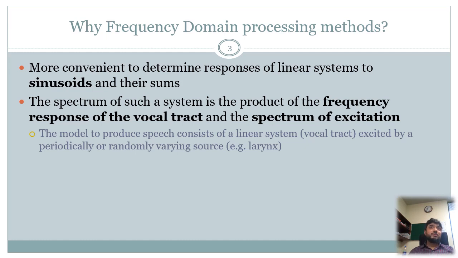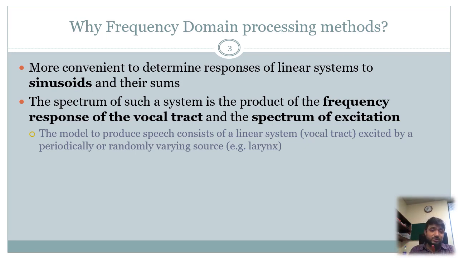If you remember, I also discussed at that point that the characteristics of what is being said, the speech recognition aspect, are present more in the vocal tract response, and the characteristics of who said it are mostly present in the excitation source.